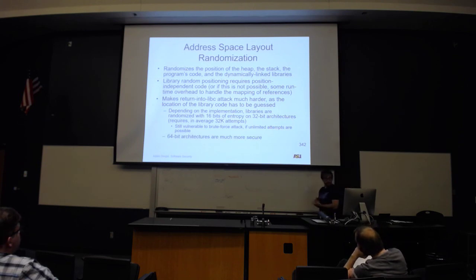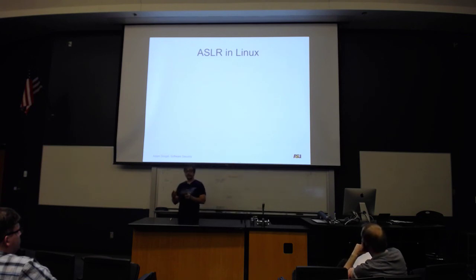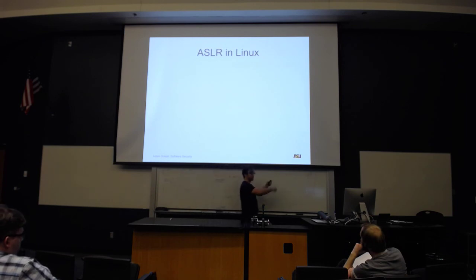Of course, 64-bit architectures are much more secure. And then, while we're at it, at least for example in Linux, we can randomize other things in memory, right? So libraries aren't easy to target, right? But the stack, think about the stack. Things on the stack are always addressed relatively because a function could be called from a number of contexts.